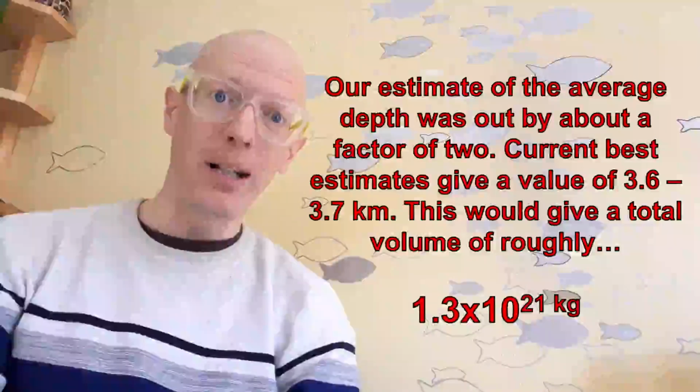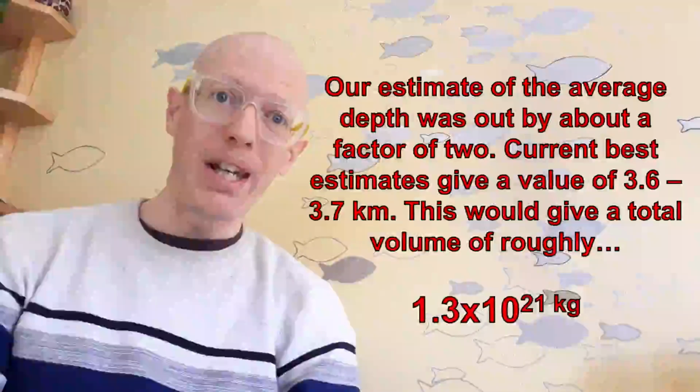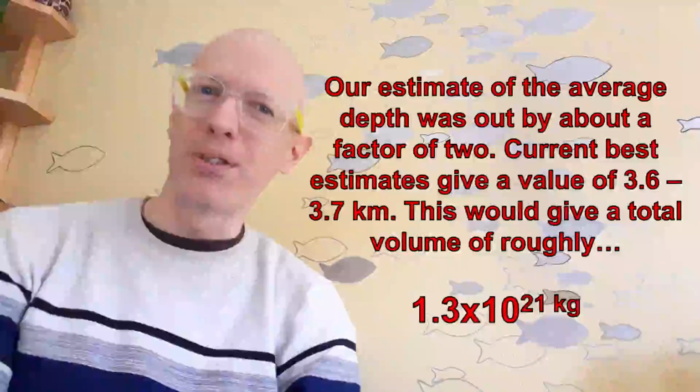We've made some estimates along the way, and maybe you'd even call our estimate of the ocean depth a guess. What's the difference between a guess and an estimate? And while this did in fact lead to a bit of error in our estimation of the total volume of the oceans, I think in problems like this, you've got to be pretty happy with only being a factor of 2 out.